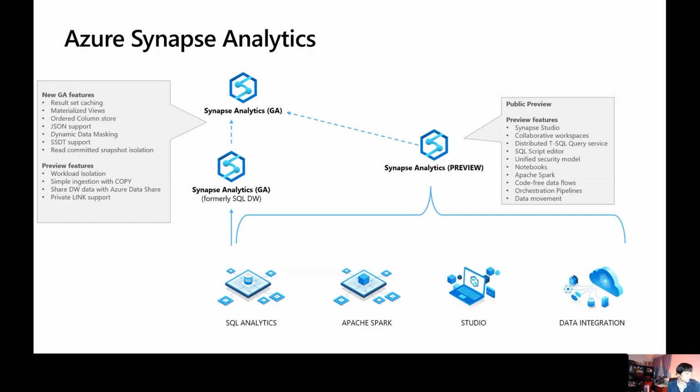And there's a bunch of new features we announced as part of that rebranding that are also GA with Synapse today. And then there are some new preview features that everybody gets, even if you're not on the official Synapse preview, that are really around the SQL capabilities.